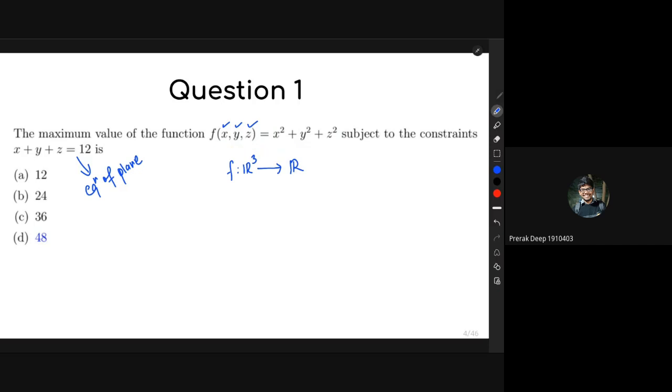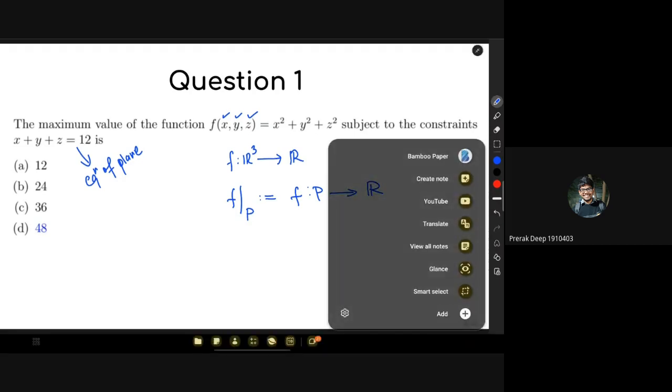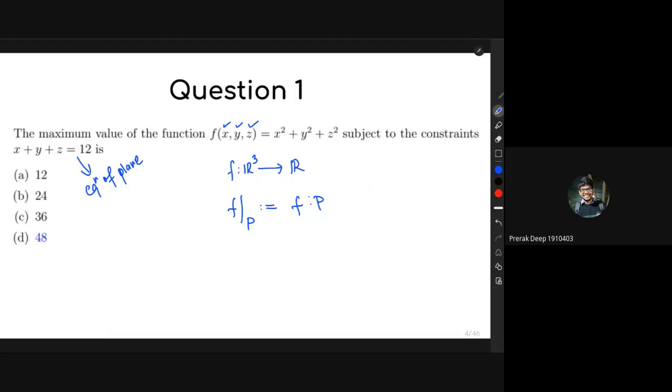Now, what this constraint is doing is asking you to restrict your function to this plane. Let me denote the plane by P. So it is asking you to define your function on P only, basically considering your function on P only, which is a subset of R3.